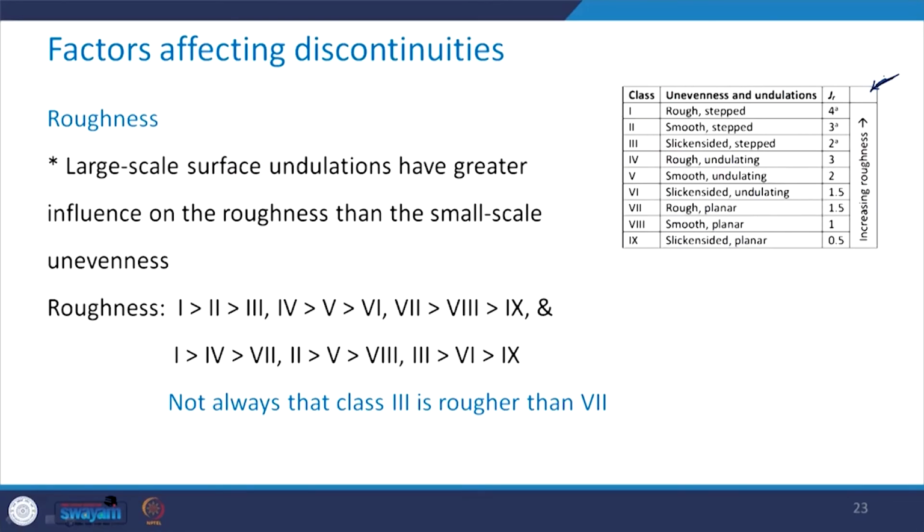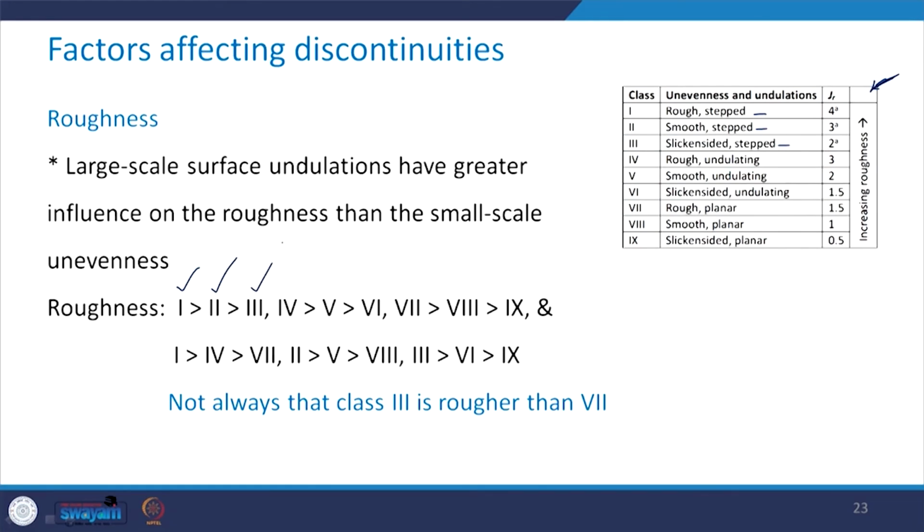Now, the large scale surface undulations have greater influence on the roughness as compared to the small scale unevenness. Take a look at this table. If you take the same level of large scale roughness, that means stepped, stepped and stepped, then you will realize that class 1 is more rough than class 2, which is more rough than class 3.